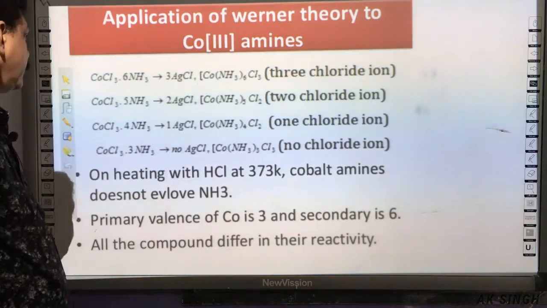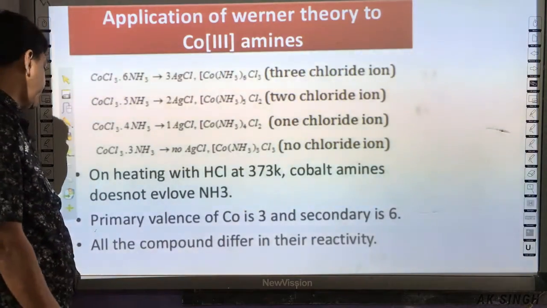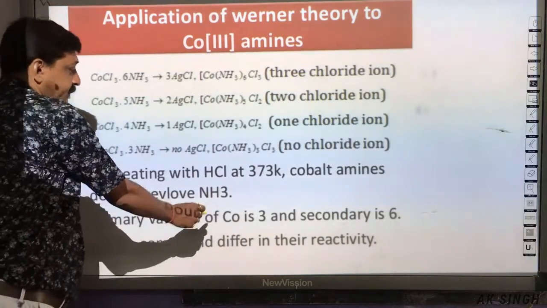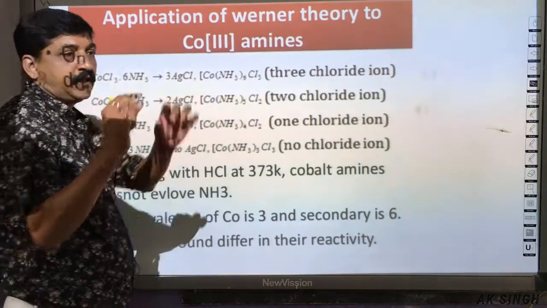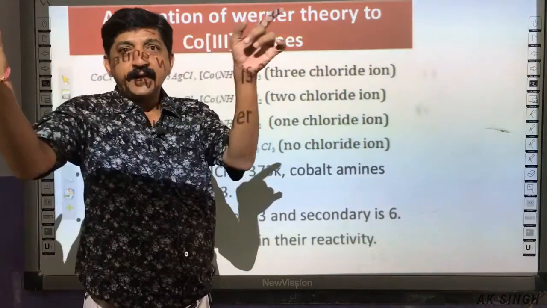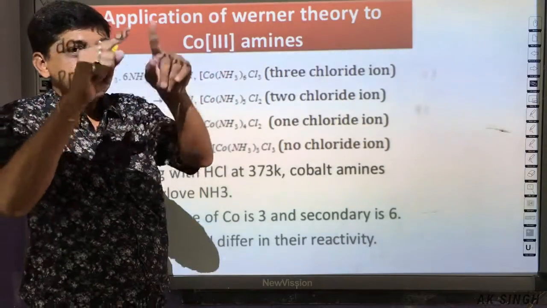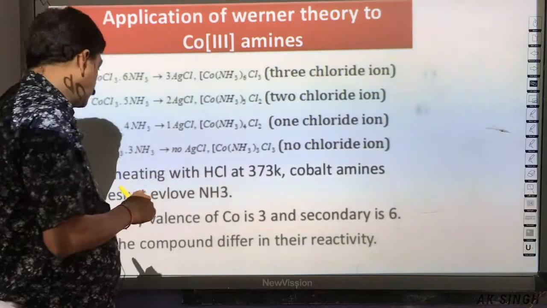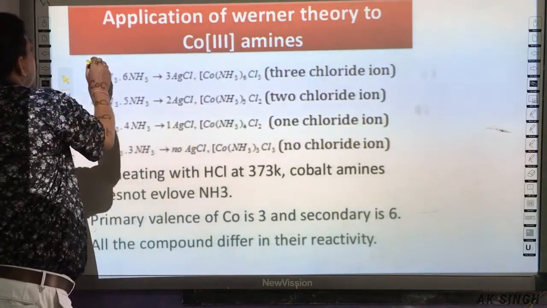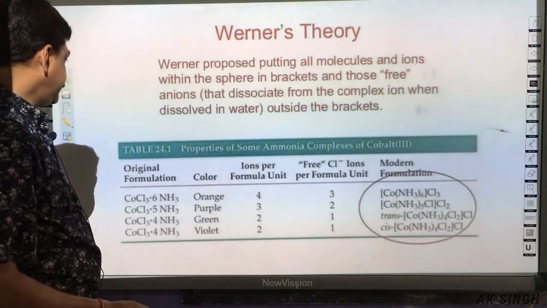On heating with HCl at a particular temperature, the cobalt amine does not evolve ammonia. So, the primary valency of cobalt is 3 and the secondary valency is 6. Cobalt has 3 Cl linked through the primary valency and 6 NH3 groups linked through secondary valencies. You can see this.